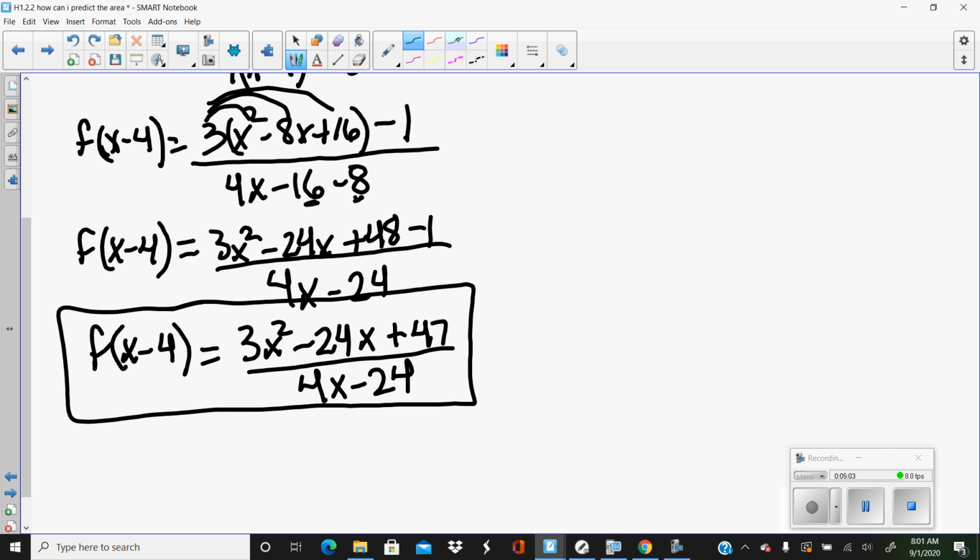Okay, I am seeing some of you in your assignments try to do things like, this is not correct, cancel this minus 24 with this minus 24. Can't do that. Okay, this is considered a factor. I could rewrite it as 4 times x minus 6, but still there's no x minus 6 floating around up here as a separate factor that I could cancel.